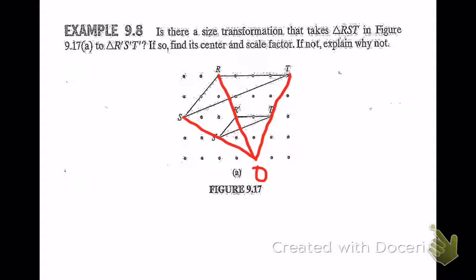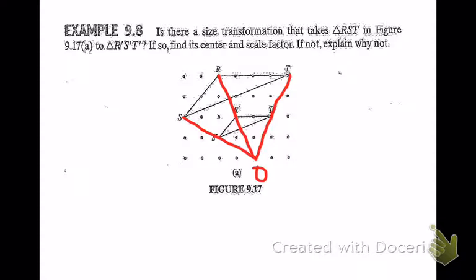From O to T, we've got up 2 over 1. From O to T prime, we've got up 4 over 2.